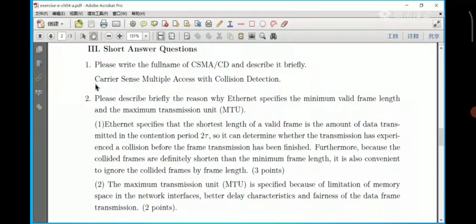You should describe briefly what the carrier sense is, what the multiple access is, and what the collision detection is. If there are 6 points for question 1, then each part has 2 points.